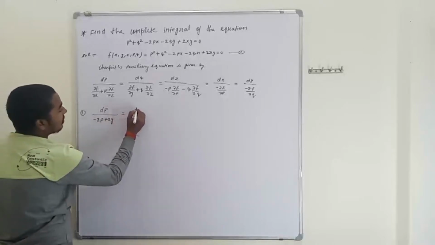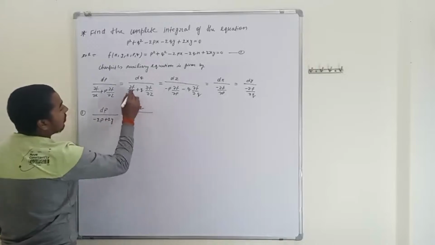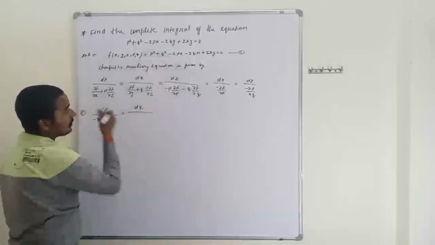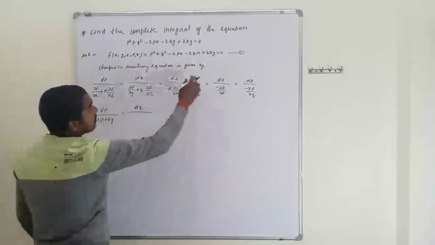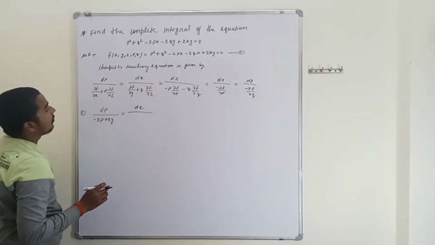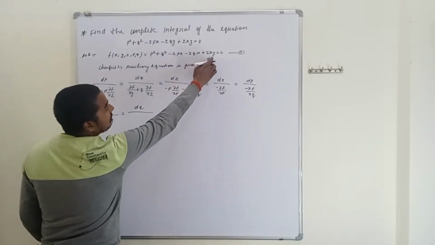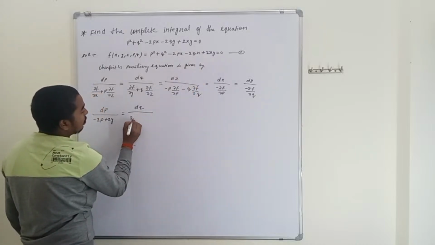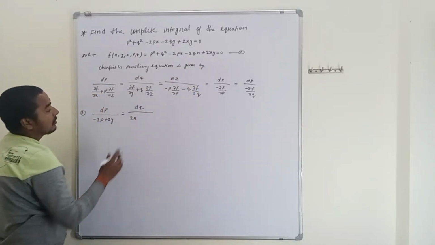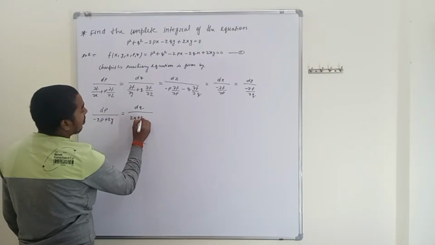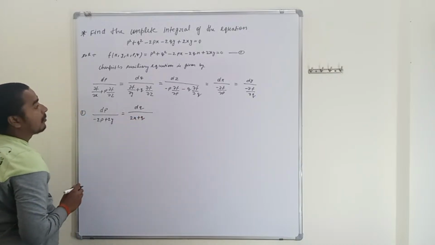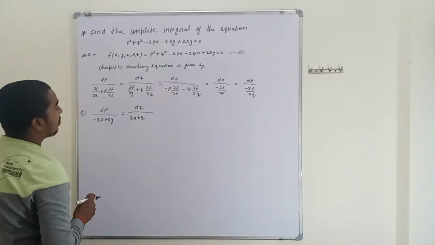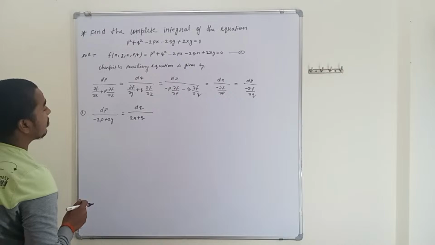Further we have to find del f upon del y from equation 1, differentiating partially with respect to y. The 2xy term differentiated partially with respect to y gives 2x, and plus q times del f upon del z, where the coefficient of z is not present, so it becomes 0.